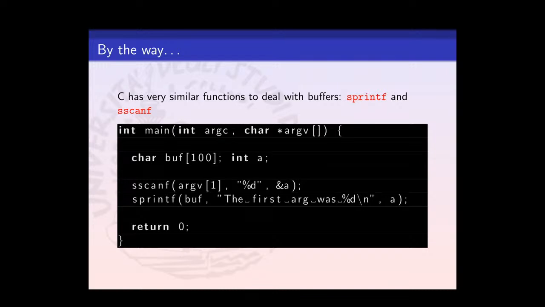This is the third parameter. But this decimal number should be read from the first parameter, so the second argument of the command line.